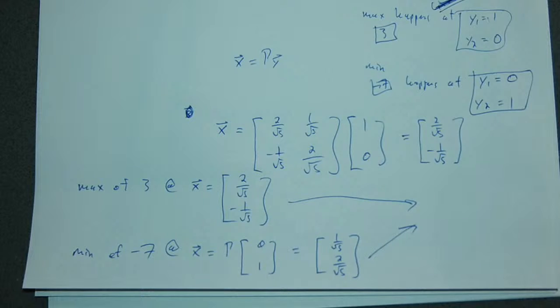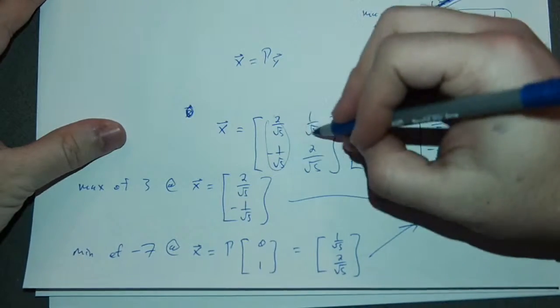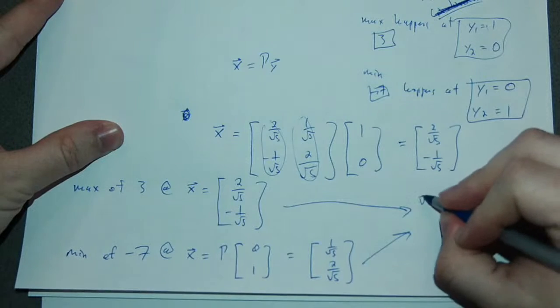So what are those two vectors that I have arrows going from? They're the eigenvectors, yeah. They're the eigenvectors you started with. They're actually the columns of P. Right? So they're V1 and V2.